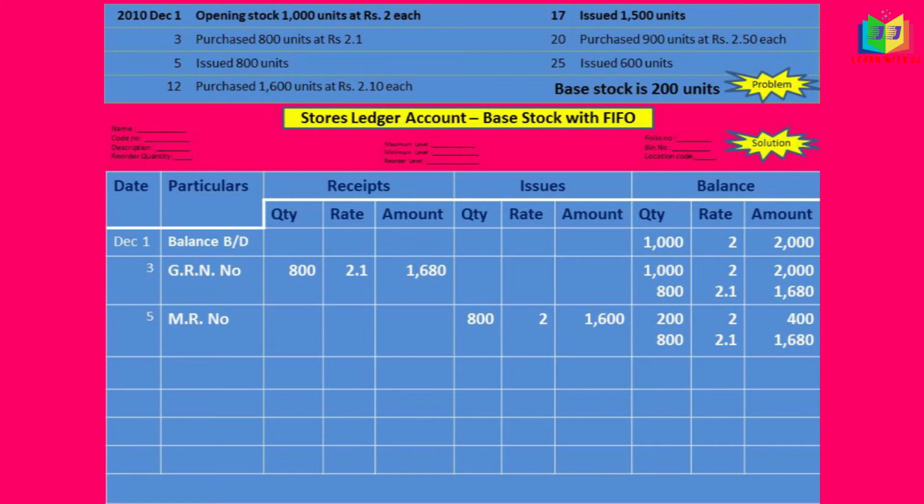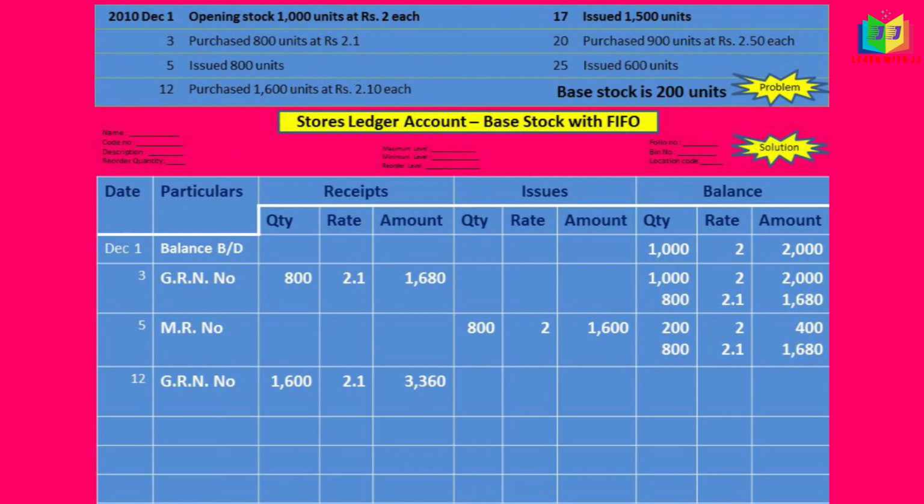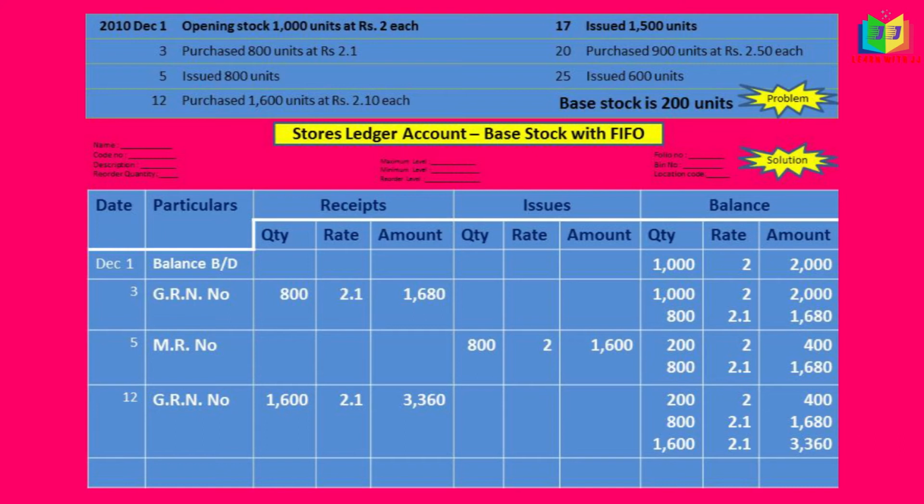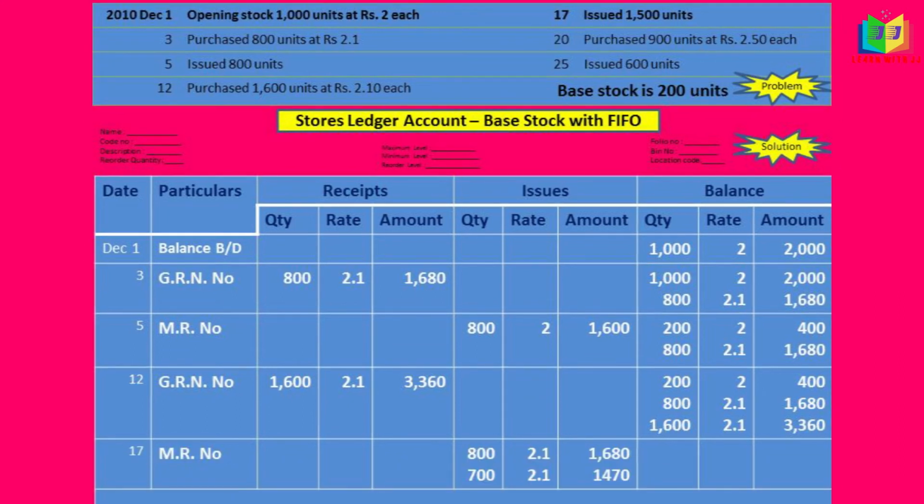The next is a purchase. We have 1600 units, so I'll write it under the balance column after the 800 units. Now we have an issue on the 17th, that is 1500 units. Since we have to maintain the base, we should not take the 200 units.